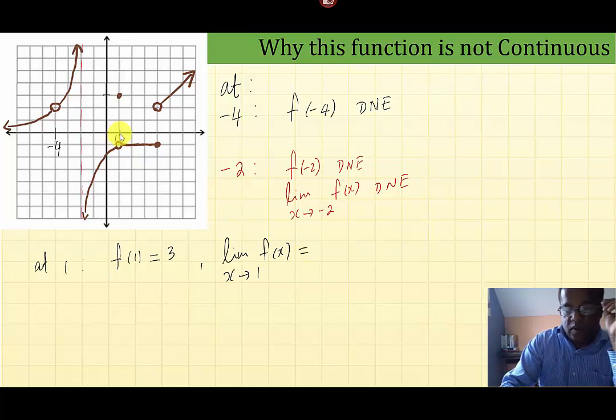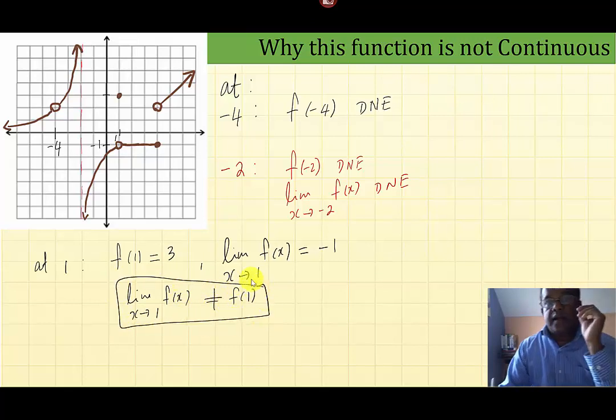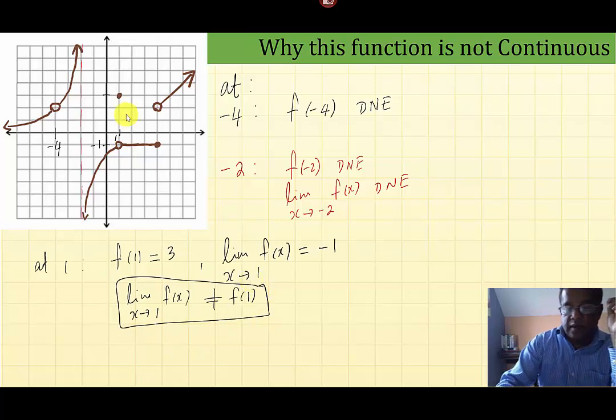As x approaches 1, f of x approaches negative 1. So it actually violates the third condition, where the third condition is what? The limit as x approaches 1 of f of x is not equal to f of 1.